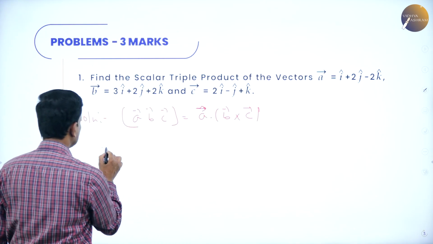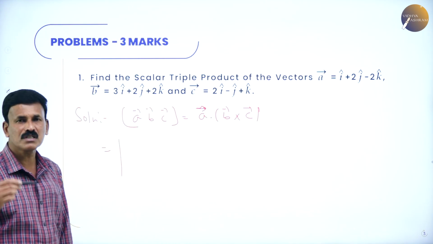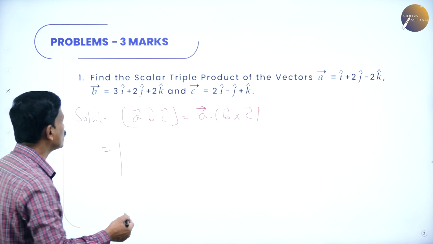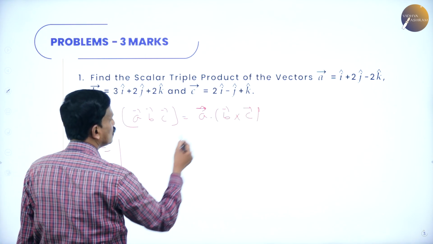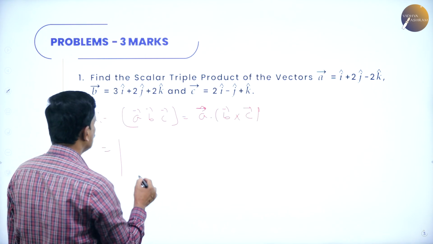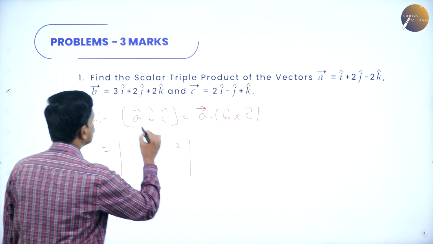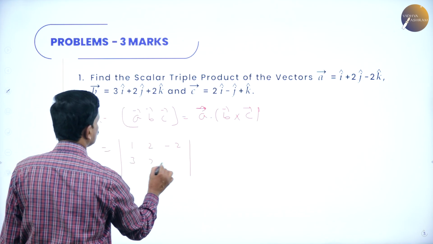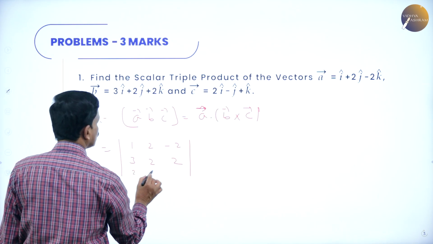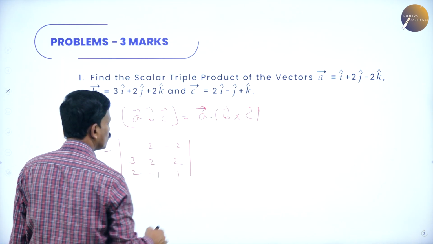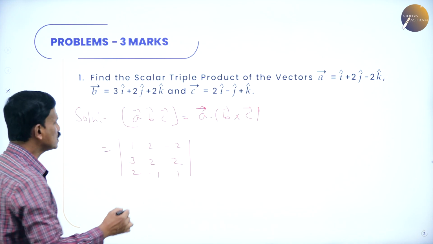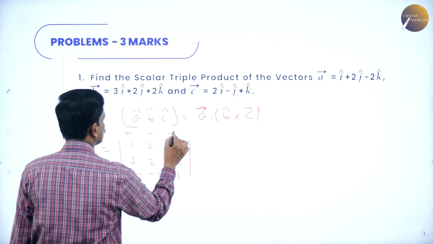Now what is this equal to? This is nothing but the determinant of the coefficients of i, j and k from the vectors A, B, C. The coefficients of i, j, k in vector A are 1, 2 and minus 2. For the second vector the coefficients are 3, 2 and 2, and for the third vector 2, minus 1 and plus 1. Now simplify: this is a determinant, expand with respect to the first row.